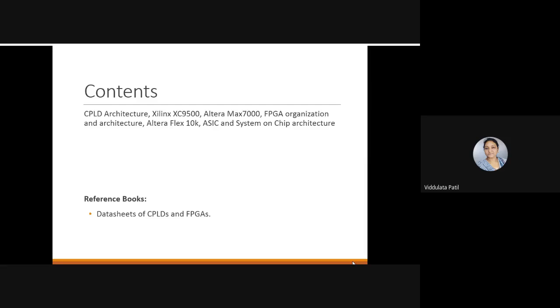The reference book, I cannot mention a specific book for this unit, but you can refer to data sheets of CPLDs and FPGAs for this unit. Okay. So these are the contents as well as reference book for this unit, that is the architecture of commercial devices. Okay. So write down these contents.